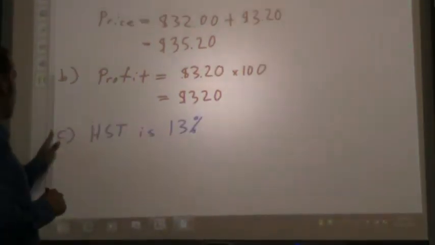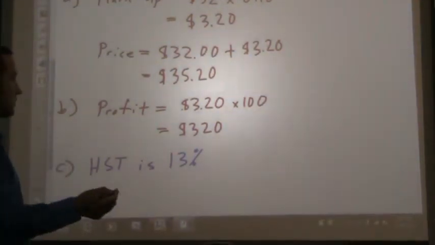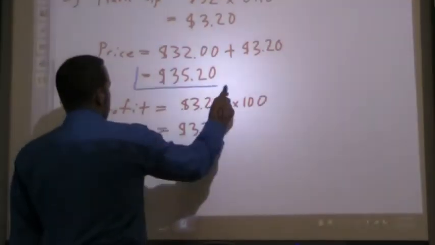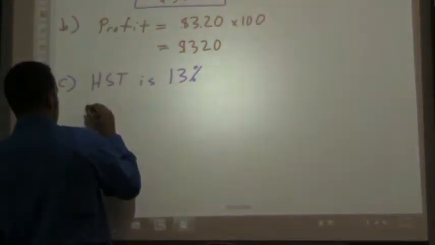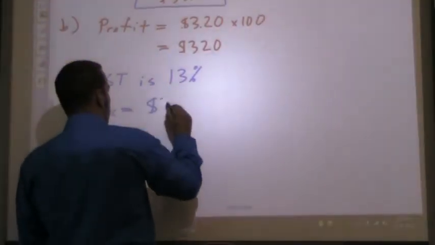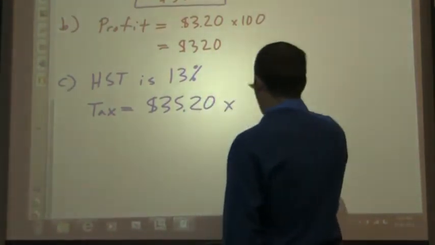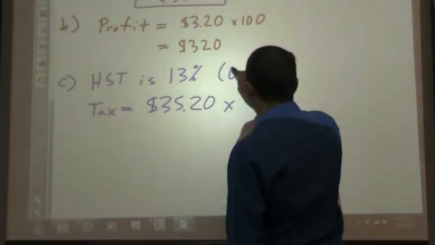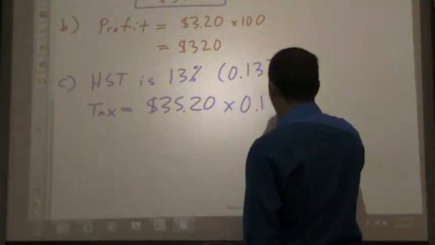So just like a markup, I have to figure out how much is the tax. So my price, we said, was $35.20. So I figure out that the tax is going to be that original $35.20 times 13% as a decimal is 0.13, so we're going to multiply that by 0.13.